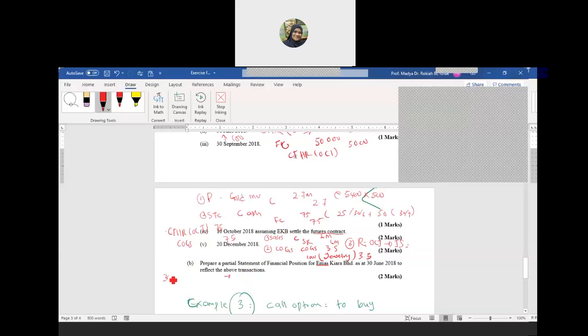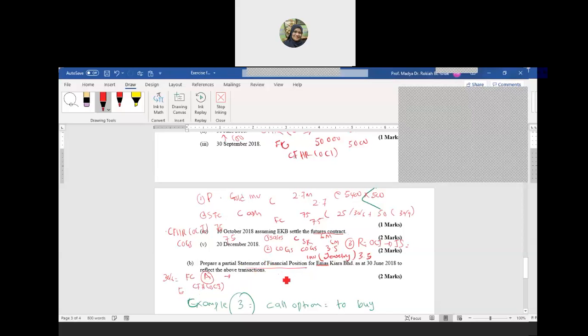Up to 30 June, your journal entry is only the future contract and the cash flow hedge OCI. So your future contract here is your asset, and your cash flow hedge here is your equity.